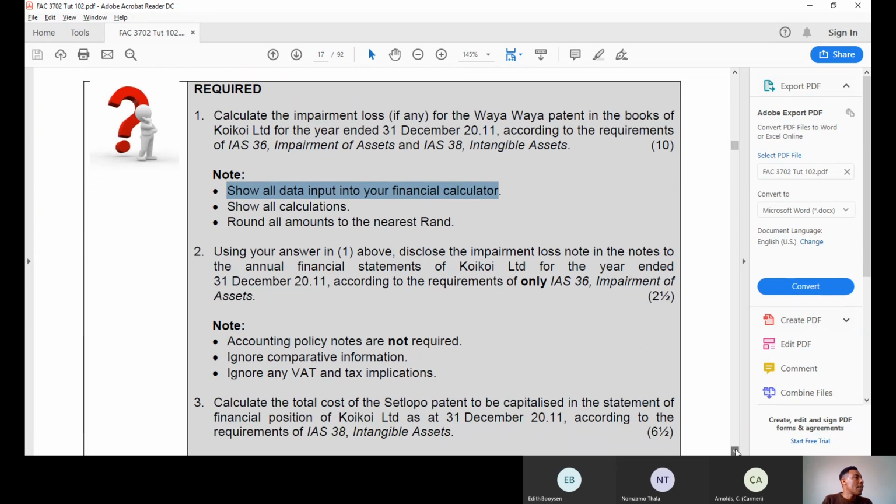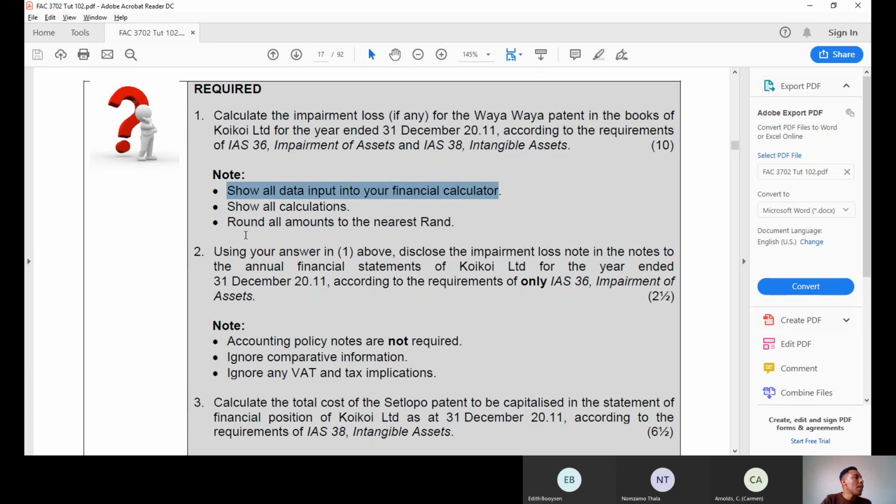Now this one is easy, because there is no specific framework in terms of how you answer, but there is a common statement when you need to do the impairment calculation: your recoverable amount is the higher of that and that, but we'll get to that.